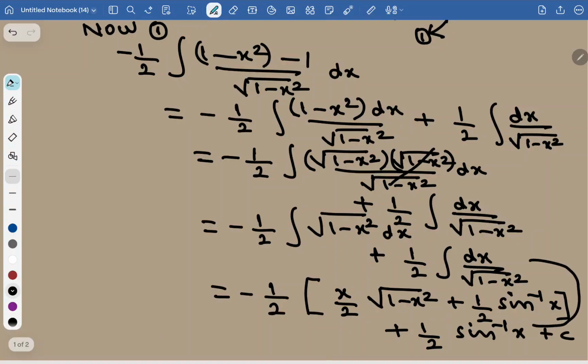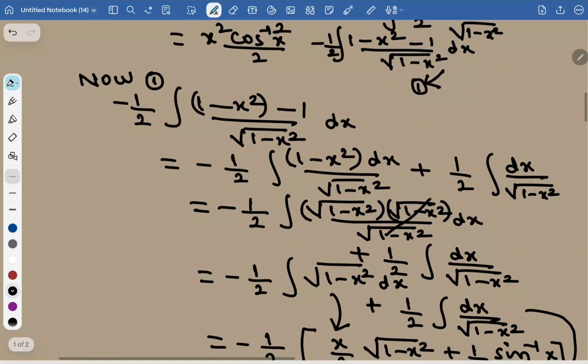Straight away from the formula for this part, here also the formula for integral root of a square minus x square dx. This is equation 2. Substitute 2 in 1.